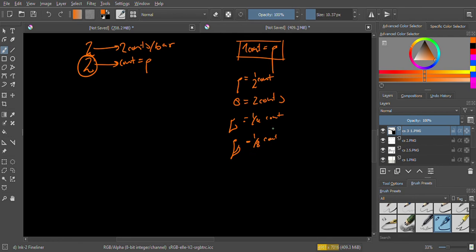Hopefully you can see how this progresses. That's why I never say a note has any number of counts associated with it by default. The time signature tells you how many counts are associated with a note. In a 2-2 time signature, a crotchet, or quarter note, is worth half a count, whereas in a 4-4 or 2-4 time signature, it's worth 1 count.